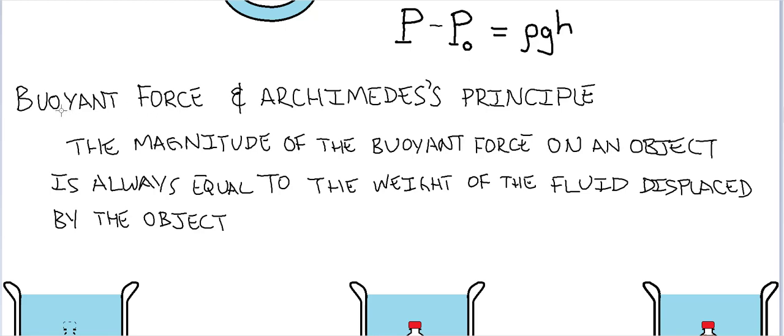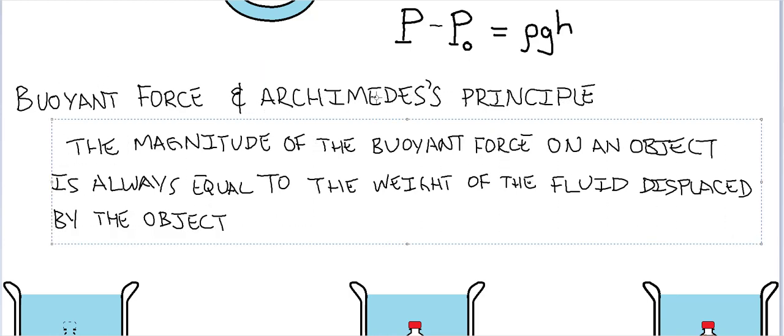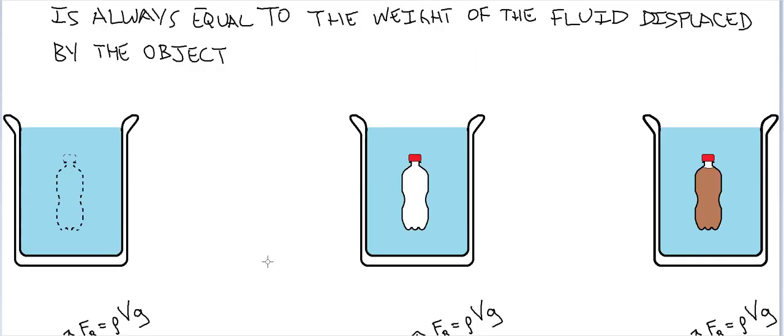And so Archimedes' principle is that the magnitude of our buoyant force is always going to equal the weight of the fluid that is displaced by the object. Here I've drawn our same beaker, and I've added a soda bottle.